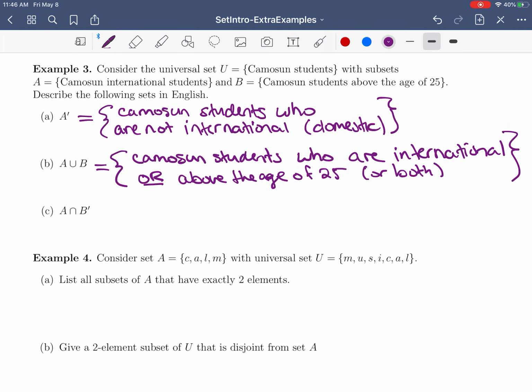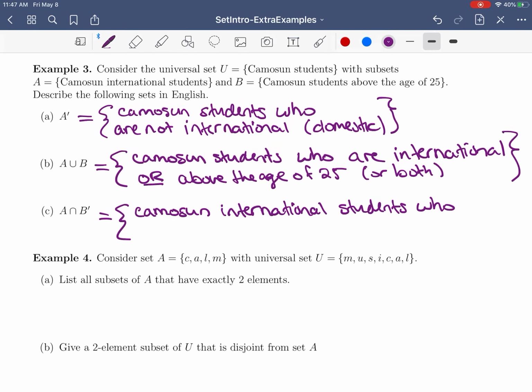Okay, now the last one, A intersect B complement. So they have to be in A because it's an intersection. So it's the set of Camosun international students because they're in A. Now they're not in B complement. So that means they're not above the age of 25. So this means that they are 25 years old or younger.